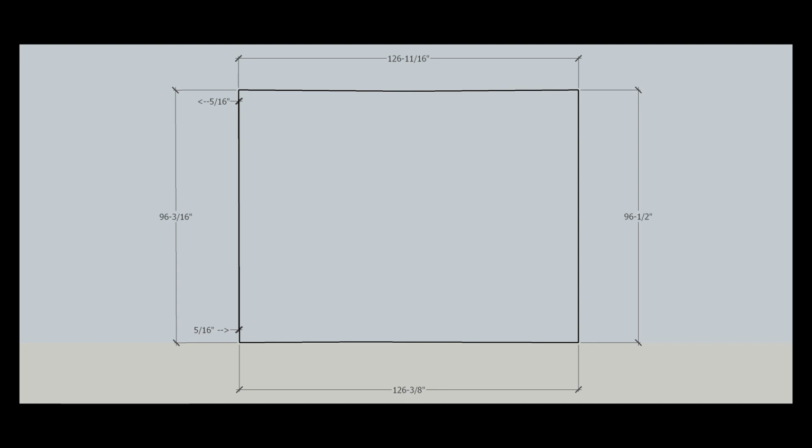And we can report that as 5/16 leaning away from the opening at the top, or 5/16 encroaching into the opening at the bottom. Either of those choices is correct, but you're not going to include both because you have to have a reference point. And the reference point can't lean away from itself.